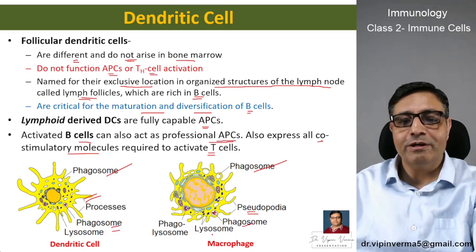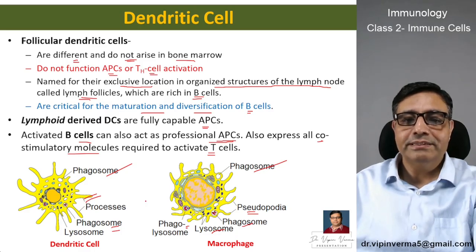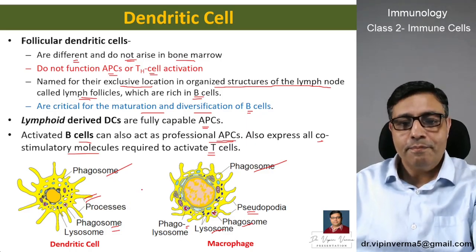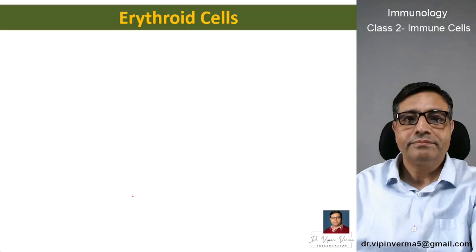Here you also have the phagosomes, lysosomes, and the phagolysosomes. The nucleus is very big or bigger in case of macrophages, while in case of the dendritic cells, the nucleus is smaller. So, these are some of the fundamental differences between the morphology of the dendritic cells and the macrophages. And both are the professional antigen presenting cells.